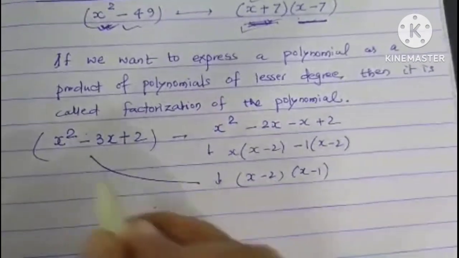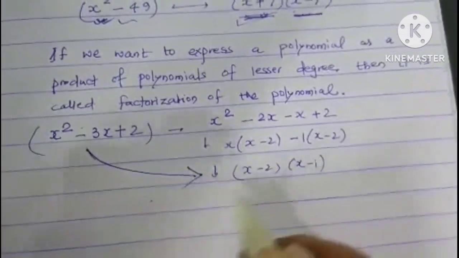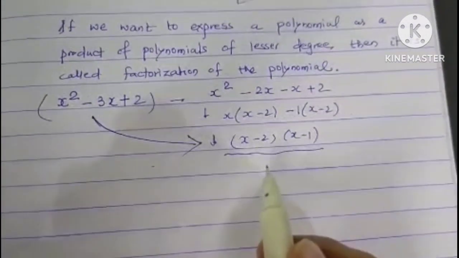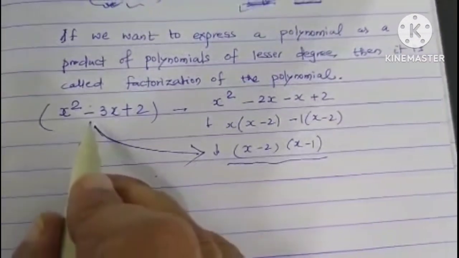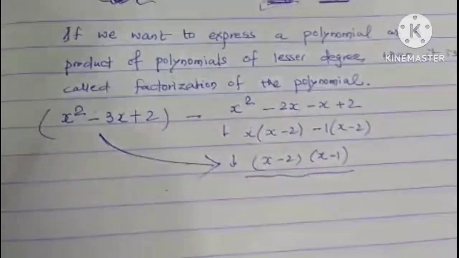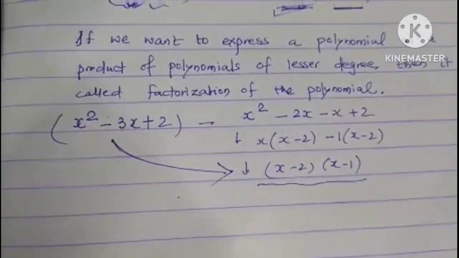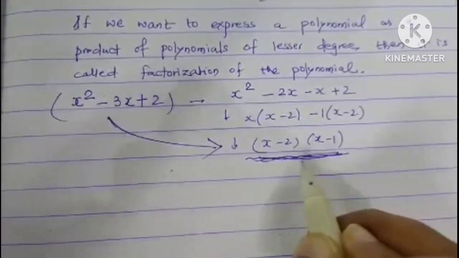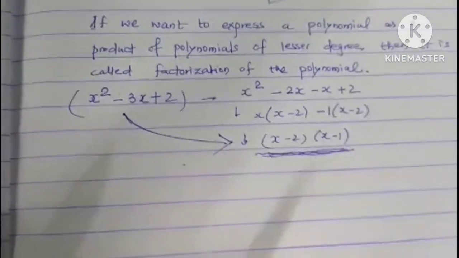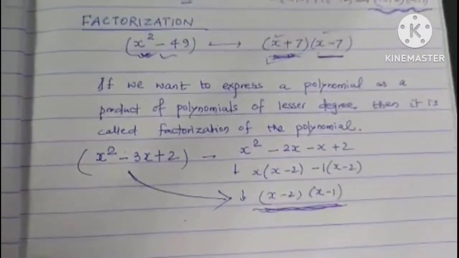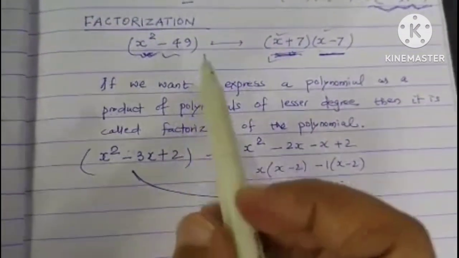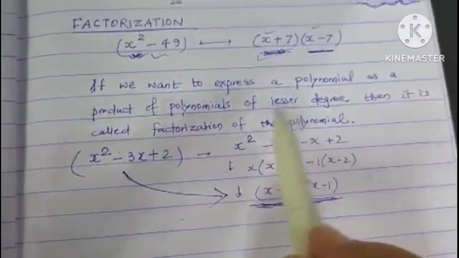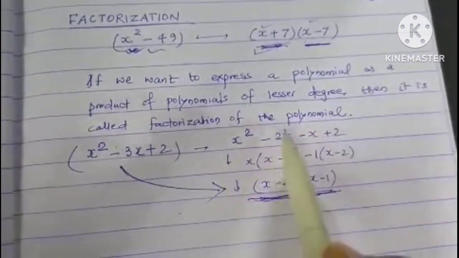So you can reduce this polynomial into this product of polynomials, and this is called the factorization. You factorize this one to this one, the smallest degree. Now these have no factors. These are the required smallest degree factors. So this is the whole process of factorization. If you want to express a polynomial as a product of polynomials of lesser degree, then it is called factorization of the polynomial.